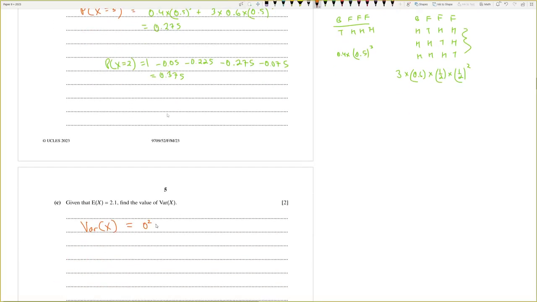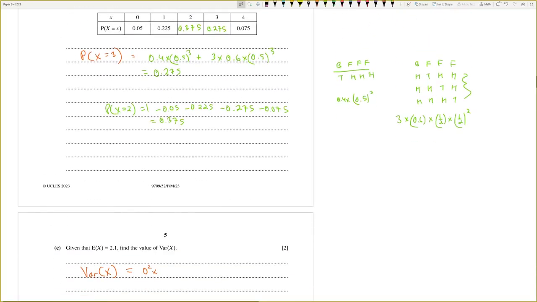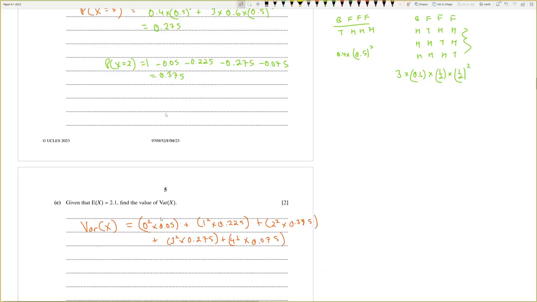First one is 0 square times 0.05 plus 1 square times 0.225 plus 2 square times 0.375 plus 3 square times 0.275 plus 4 square times 0.075. You need to show this much at least. Okay, this is one part, minus E(X) whole square.